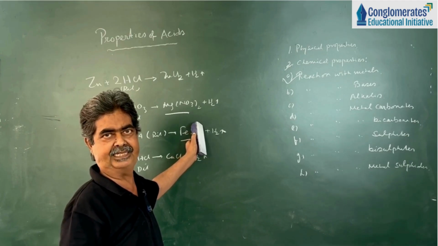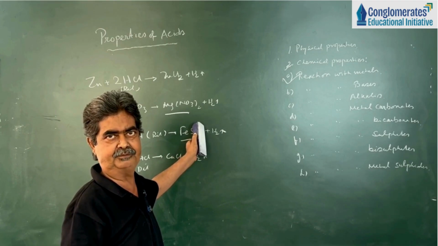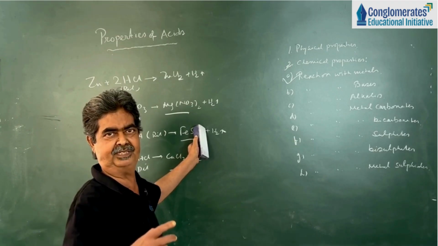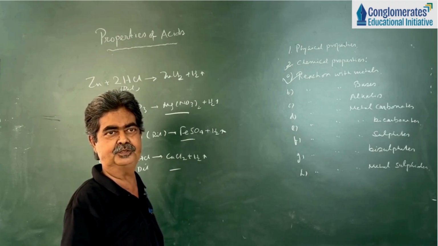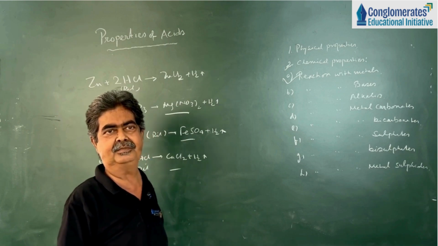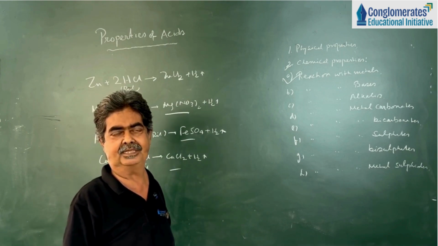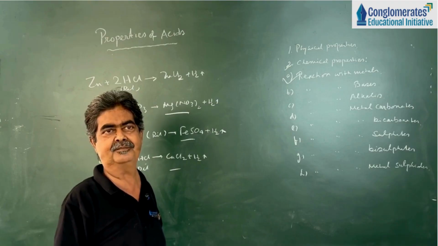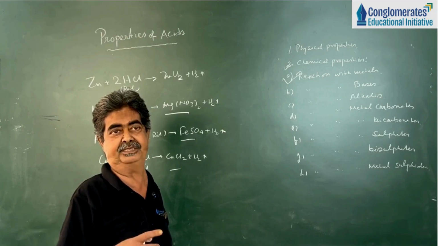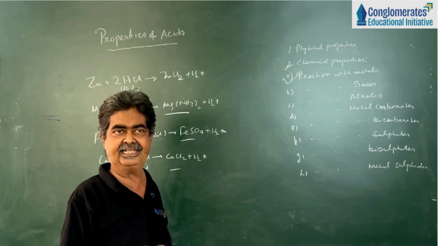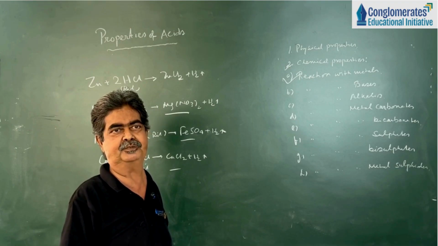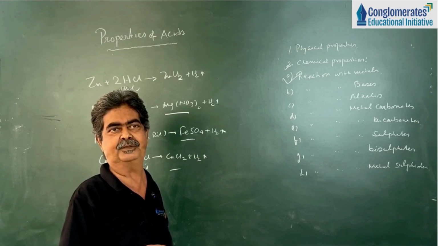In case of dilute sulfuric acid, there are some metals which, though they are present above hydrogen in the electrochemical series, cannot continue to evolve hydrogen gas. They are calcium, barium, strontium, and lead. These metals, though they are present above hydrogen, react initially, but after some time the reaction stops because of the formation of an insoluble coating of the respective sulfates.